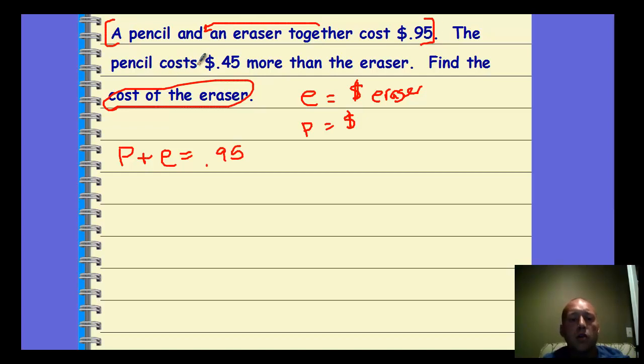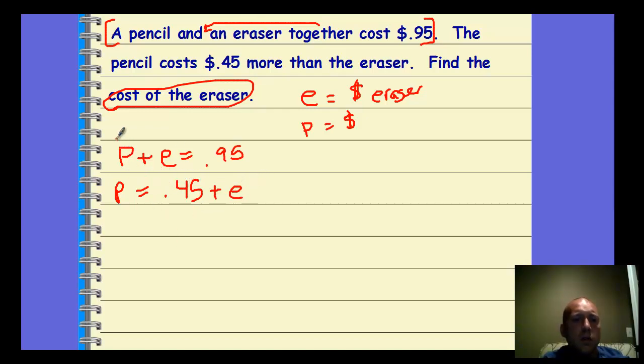So it should be pretty easy to write that down. The pencil costs 45 cents more than the eraser. So all I'm doing is changing the words into the mathematical symbols. So now I actually have two equations I'm dealing with.